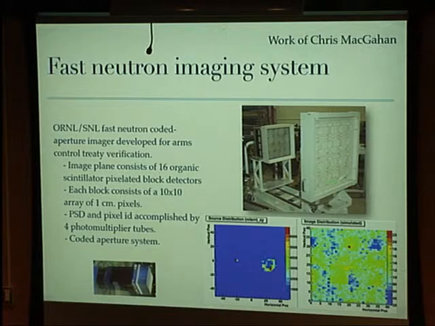This is a coded aperture system, although we're not doing any of the rotations in this problem. We're just using it as a general system. This system was developed by Sandia and Oak Ridge National Lab. This is the type of data that we get off that system. They can do conventional MLEM reconstruction and get nice reconstructions of a point source and a distributed source, and things do work quite well. We don't want to do that. In fact, we don't even want to generate this.